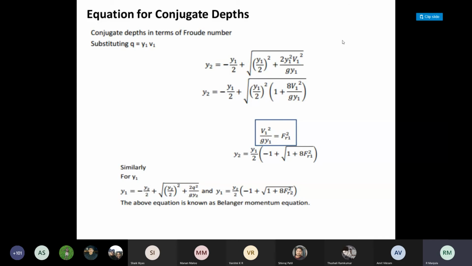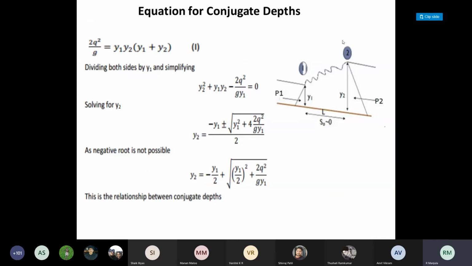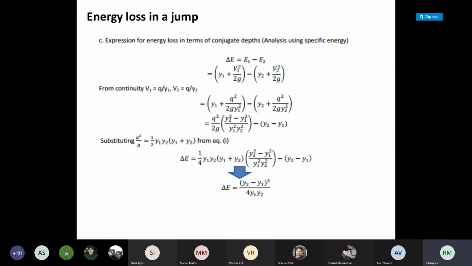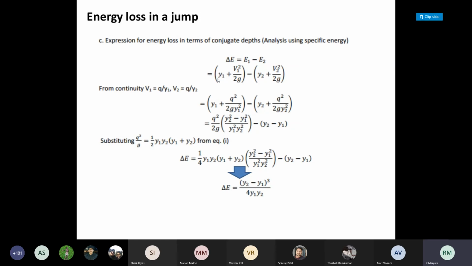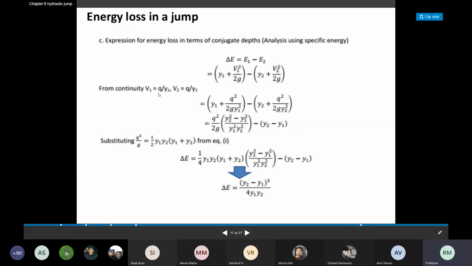Now E1 minus E2: E1 is y1 plus V1 square by 2g, minus y2 plus V2 square by 2g. Now from the continuity equation, Q by y1 and Q by y2 are nothing but your two velocities V1 and V2.